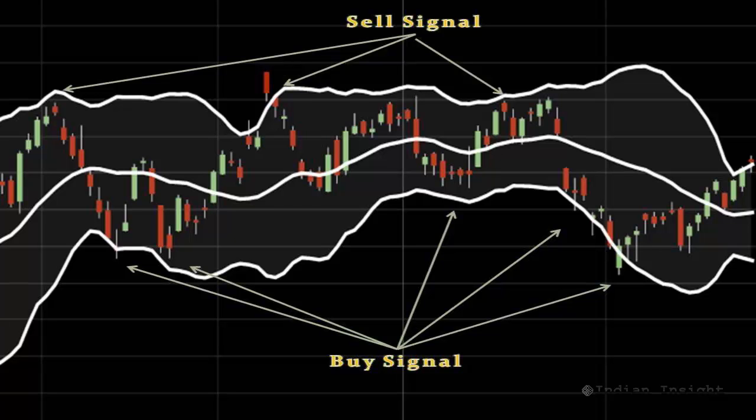So this strategy would only work when the markets are relatively less volatile and the prices are in a consolidation phase. Now prices of most securities spend around 30% of time in the trending phase and around 70% of the time in the consolidation or the corrective phase.